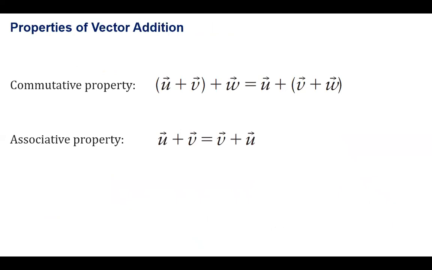First, vector addition has the commutative property. That means you can change the order of addition, such as if you have vector A plus vector V plus then plus vector W, that equals vector U plus the sum of vector A and vector W. You can change the order of addition.